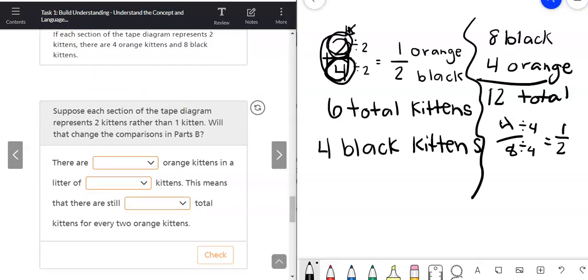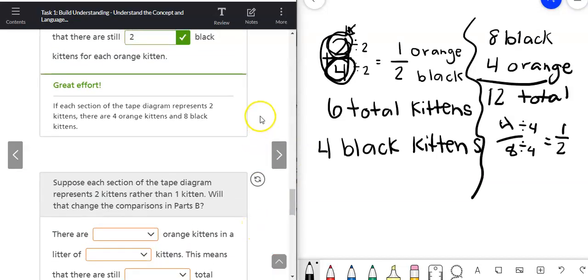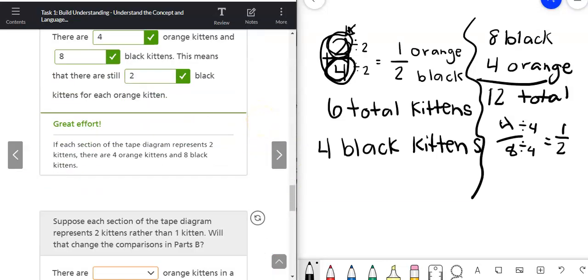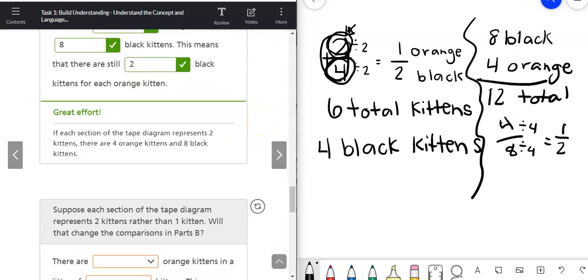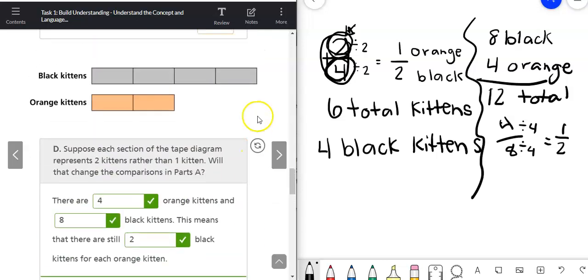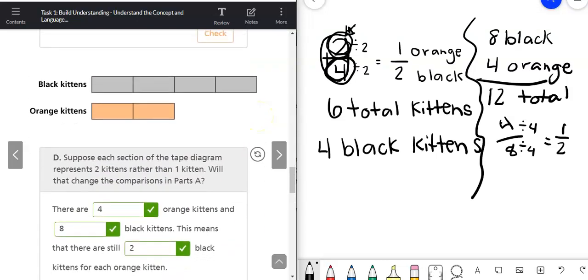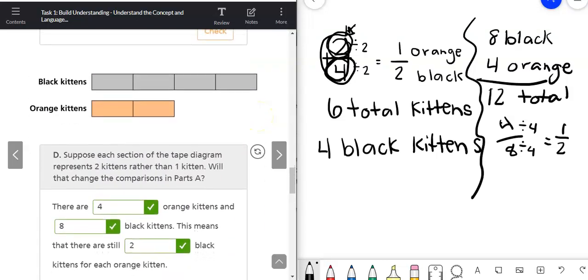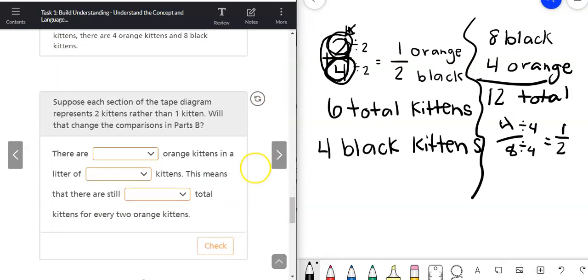Okay, suppose each section of the tape diagram represents 2 kittens rather than 1 kitten. Well, we just did that, sorry. Will that change the comparisons in part B? So in part B, we said for every 2 orange kittens, there are 6 total kittens.